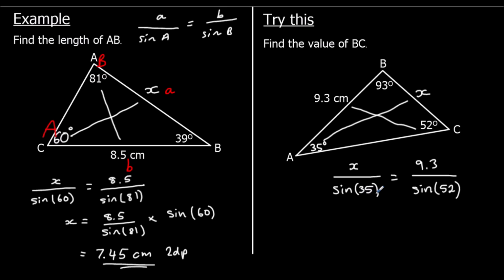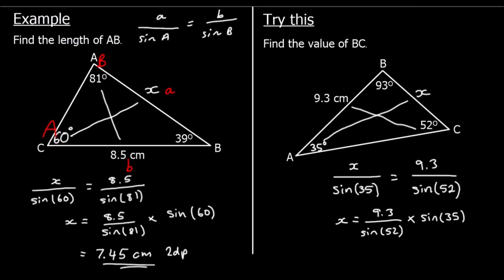So multiply both sides by sine 35. So x is 9.3 over sine 52 times sine 35.